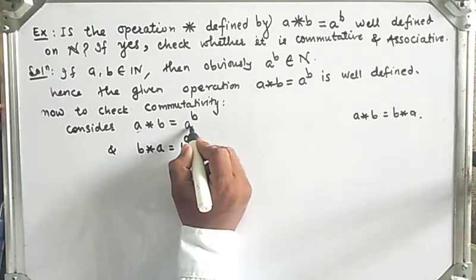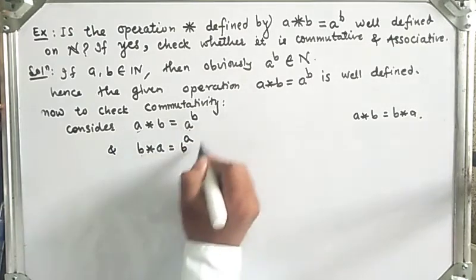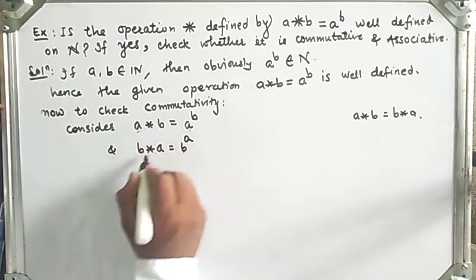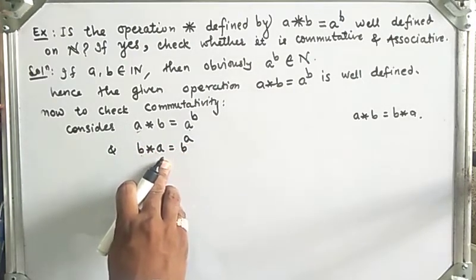So if a is equal to b, then it satisfies. But if a is not equal to b, then a star b is not the same as b star a, right?